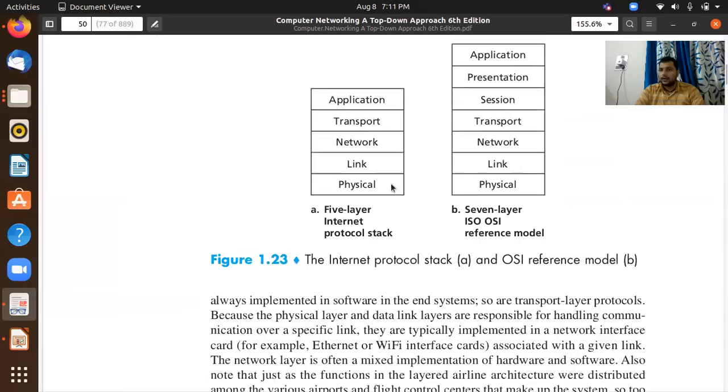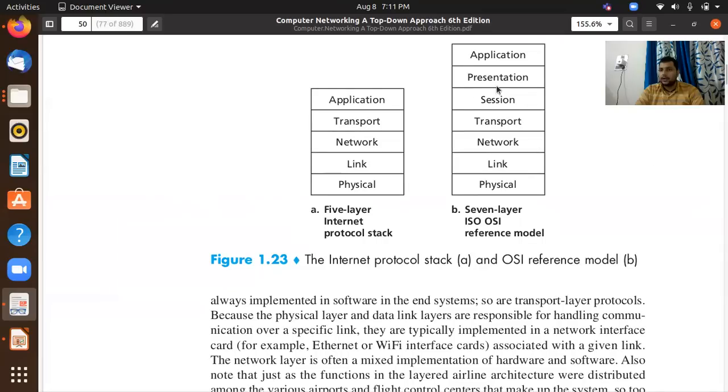So that's the difference. You have only 5 layers in the internet protocol stack or TCP/IP model, whereas in the OSI model, these 2 layers are different: presentation and session layer. Presentation layer is for presenting and formatting the application message, and session layer is for connecting with the destination node or maintaining the sessions.